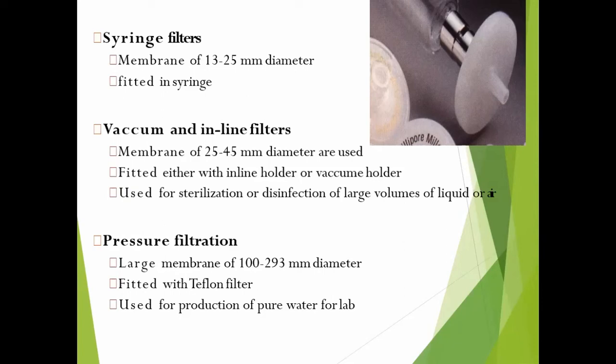Pressure filtration uses a large membrane of 100 to 293 millimeter diameter, fitted with a Teflon filter, used for production of pure water for labs.